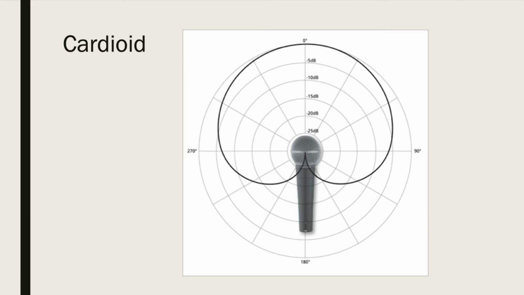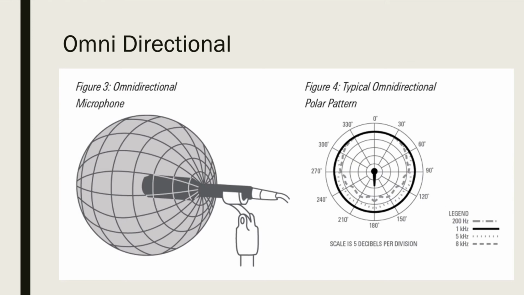But backing vocals, I mean, the clue's in the name, innit? Backing vocals. They should be backing up what the lead vocal does. Omnidirectional is great for that because it has a little bit of that natural room sound to it, which keeps it a little bit further back than a cardioid microphone would be.